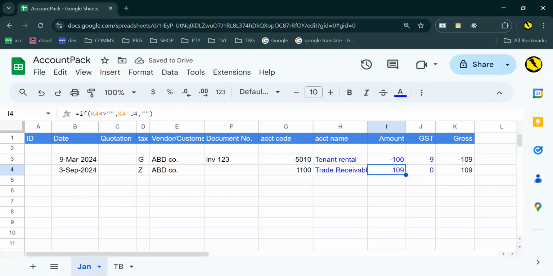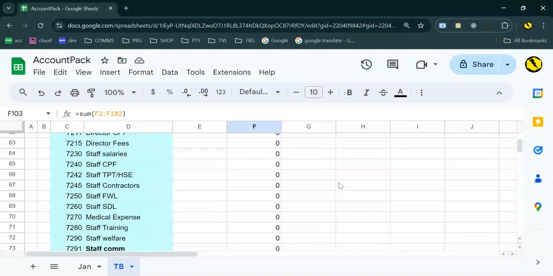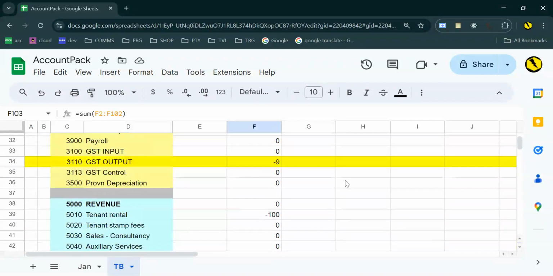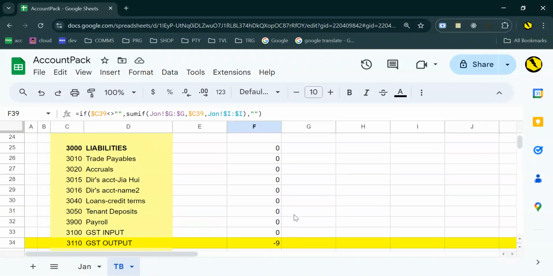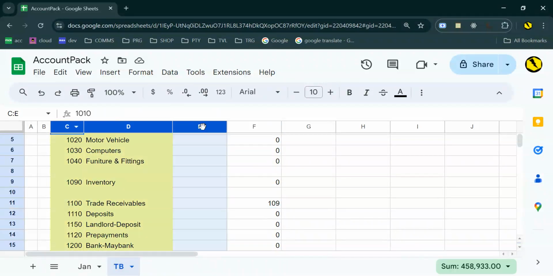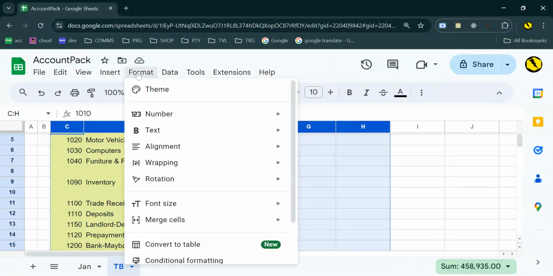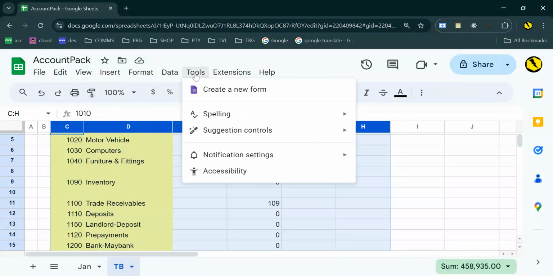Okay, so what happened is now it is zero. Okay, 9 and 100, and then you have a trade debtor here. One thing good about this, you can do this one.